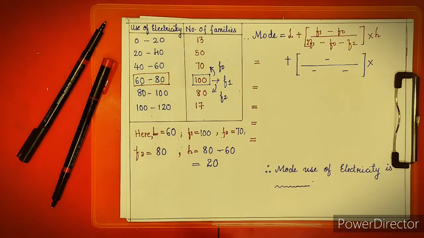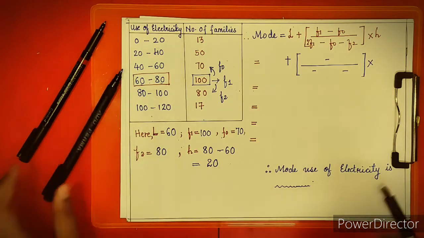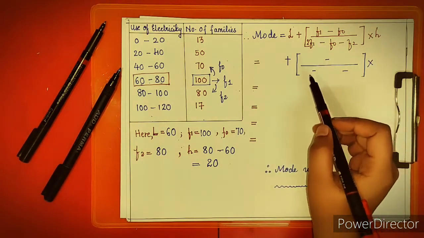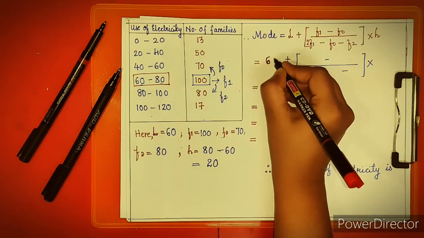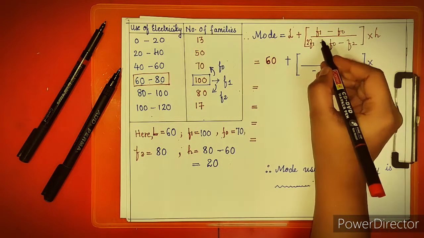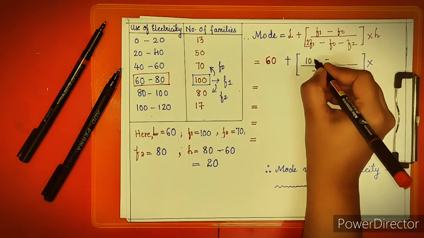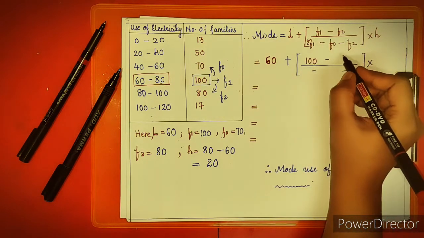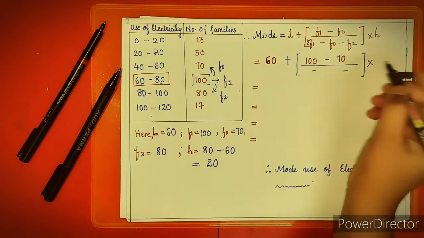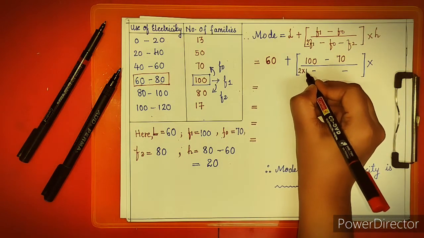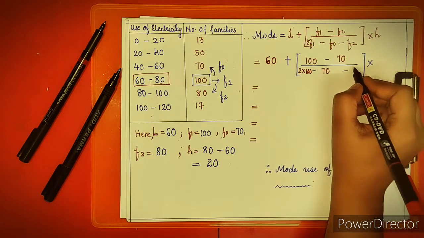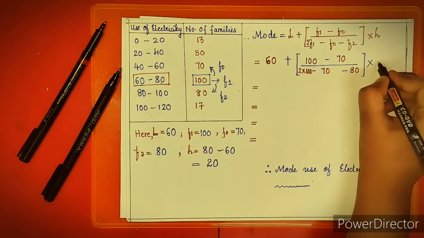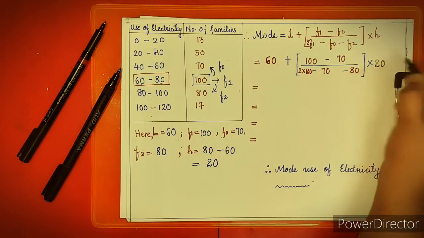So now let us substitute all the values in the formula. We have to write the formula first and then substitute. The value for L is 60, the value for F1 is 100, your F0 is 70, 2 multiplied by 100 minus 70, and F2 is 80, multiplied by H, H is 20.